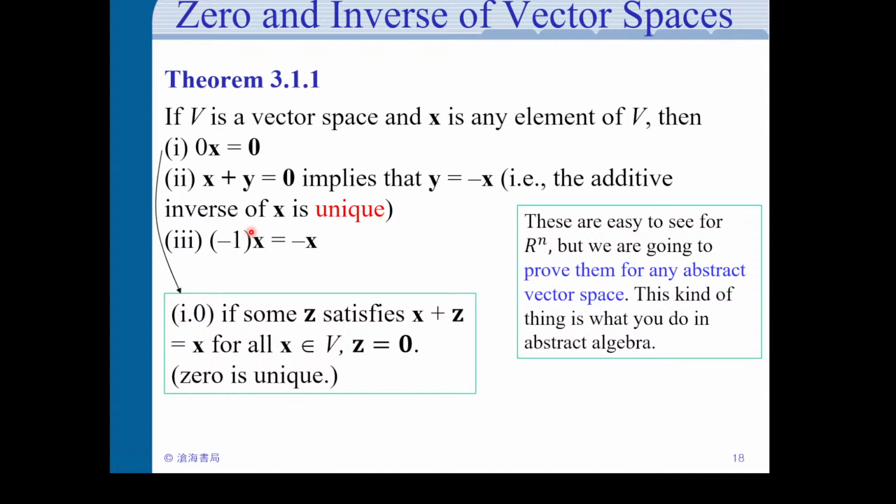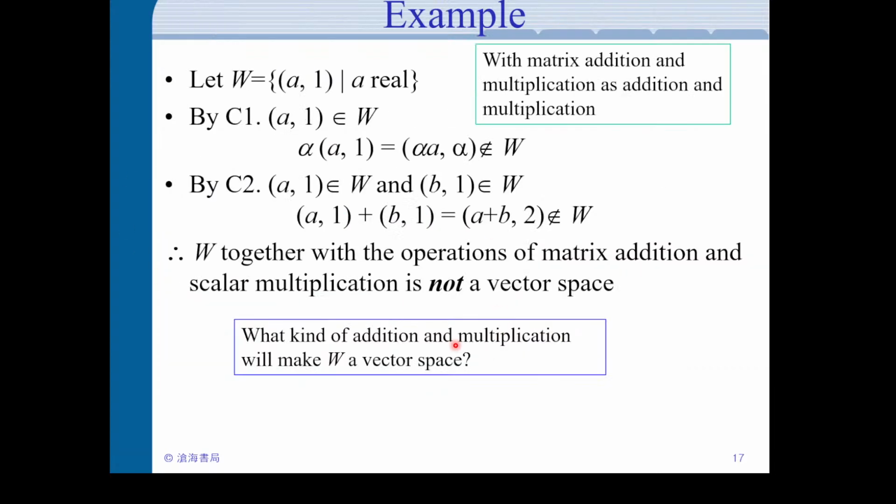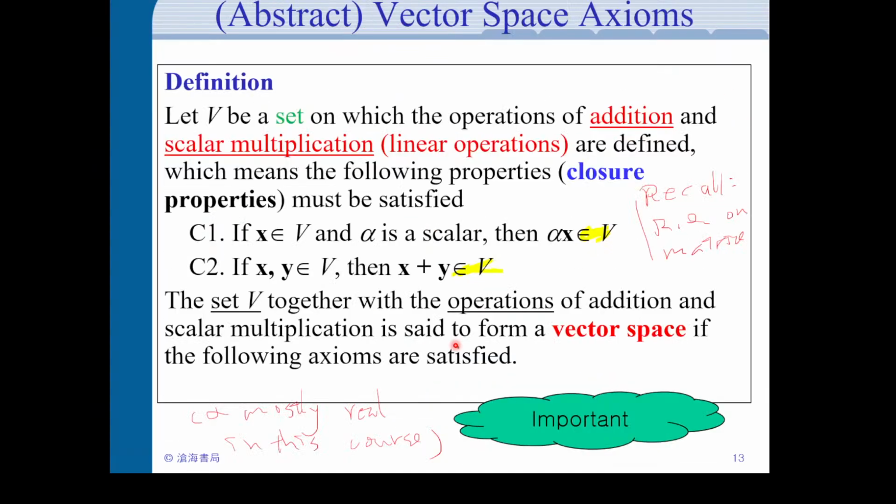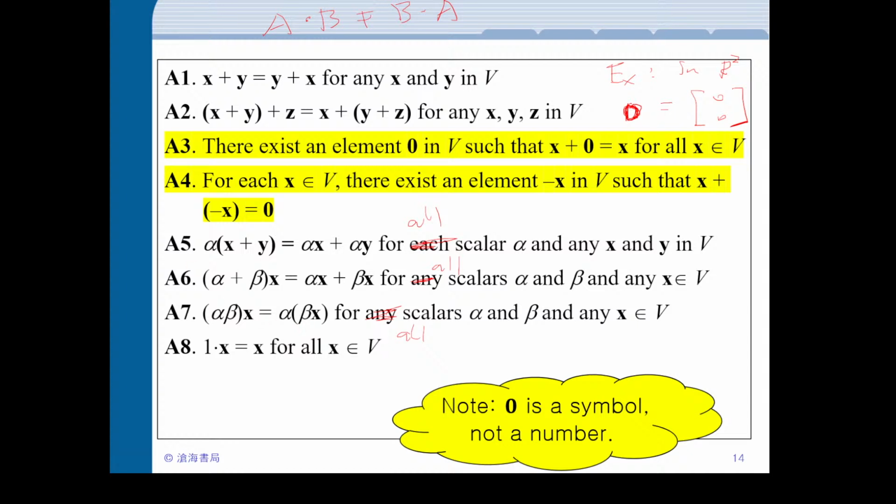This theorem is a property about 0 and the inverse in a vector space. It gives you a taste of what abstract algebra does, because those theorems are really obvious in Rn. But the hard part is that we now define our vector space with all those very abstract rules: these two rules and these 8 rules.